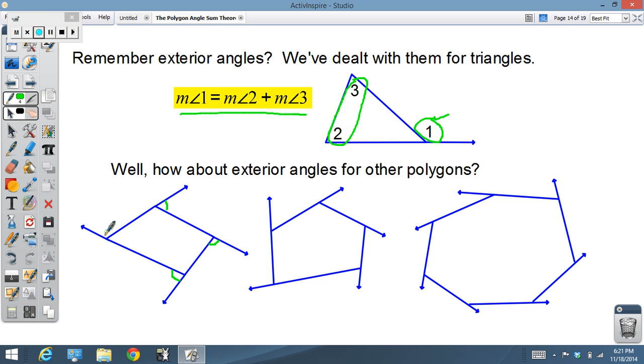The angles I'm marking here around the quadrilateral are exterior angles. So are these around the pentagon, and these around an octagon, I think. These are called exterior angles. They are formed by a straight line that is an extension of a side of the polygon. All of these extend the side, and we form what's called an exterior angle.